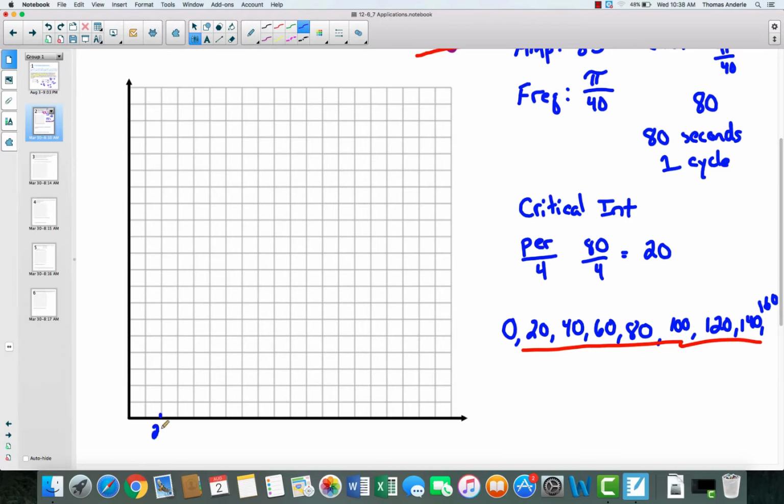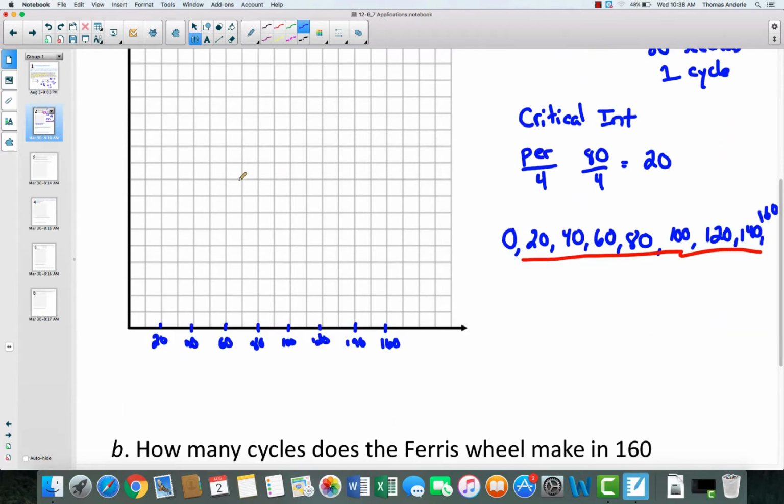This would be 20, 40, 60, 80, 100, 120, 140, and 160. It's probably a good idea to label this as well. So this here is time, and time in seconds.